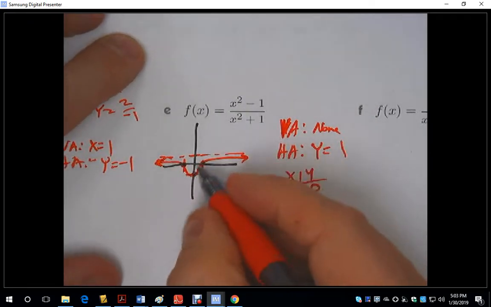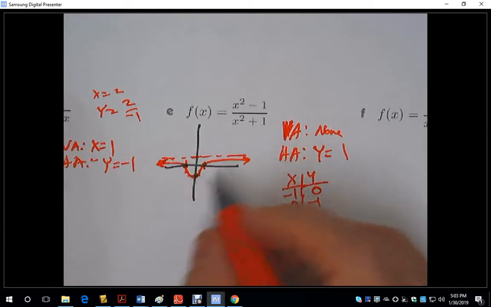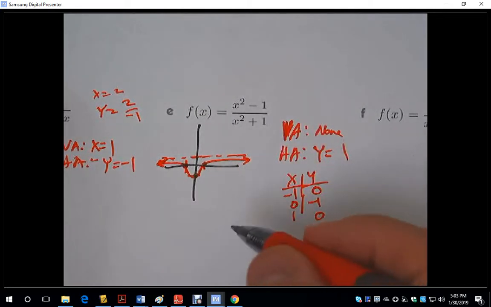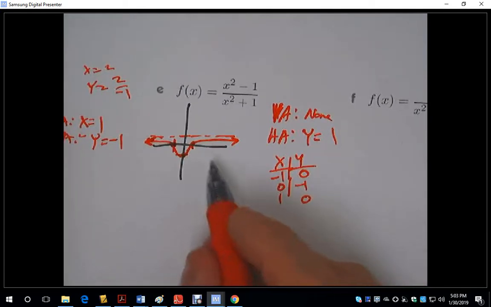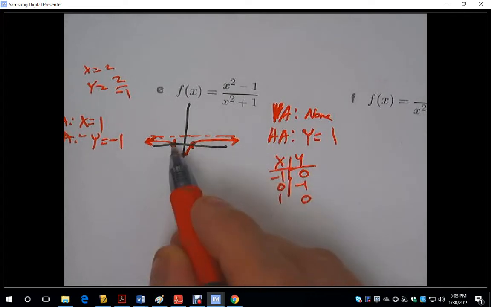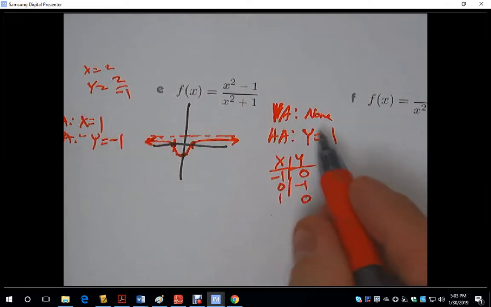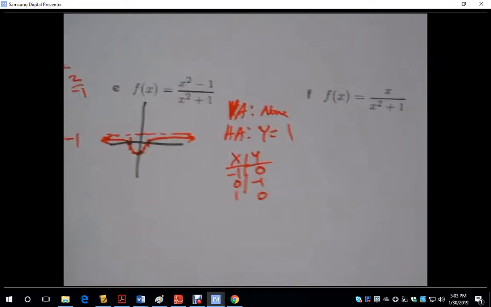Now, if I couldn't find anything where I started, I think it's always helpful if you don't know where to start, at least plug in 0. But I could try something else. I could have plugged in some other numbers and continued out. But in this case, I'm just going to get numbers that will be closer and closer to, as I put in larger x values or really small x values, I'm going to converge on this y equals 1.